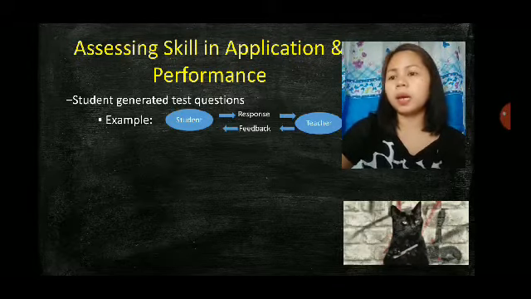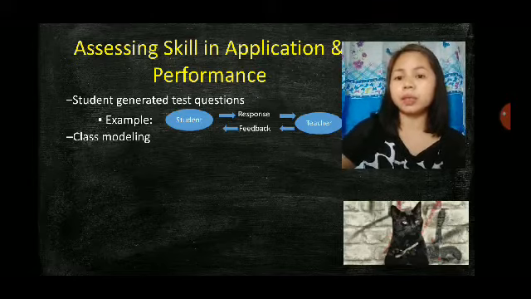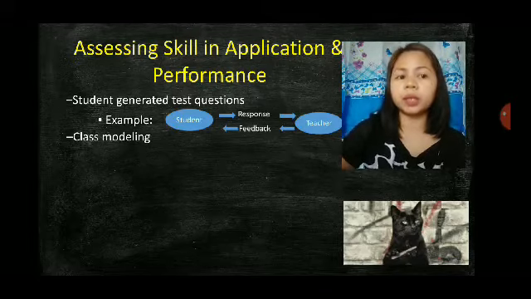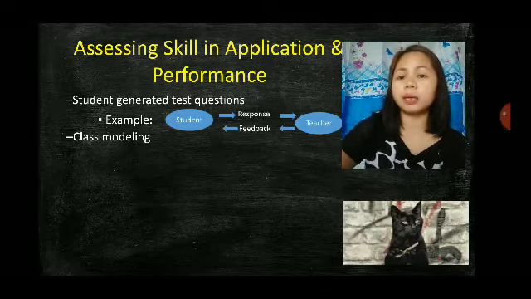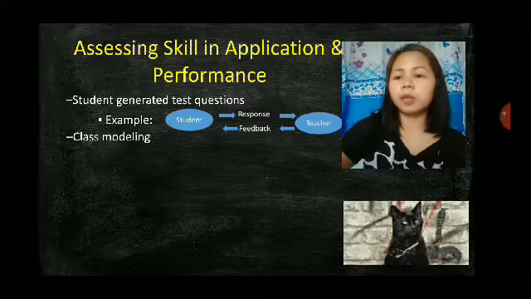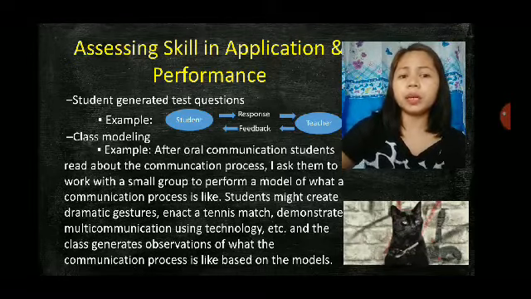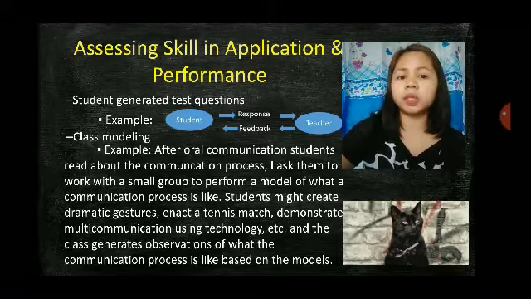And lastly, the class modeling or the human tableau. The students here transform and apply their learning into doing by physically modeling a process or representing an image. For example, after oral communication, students read about the communication process.